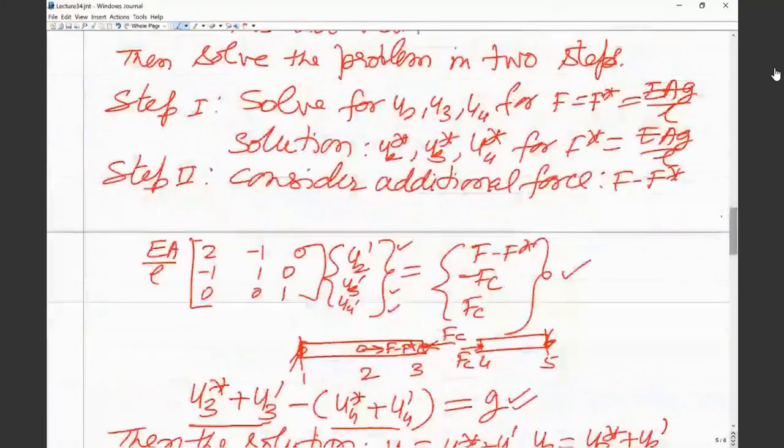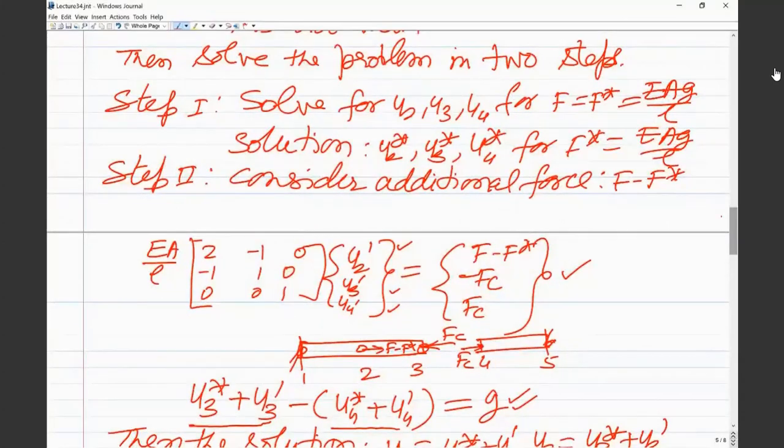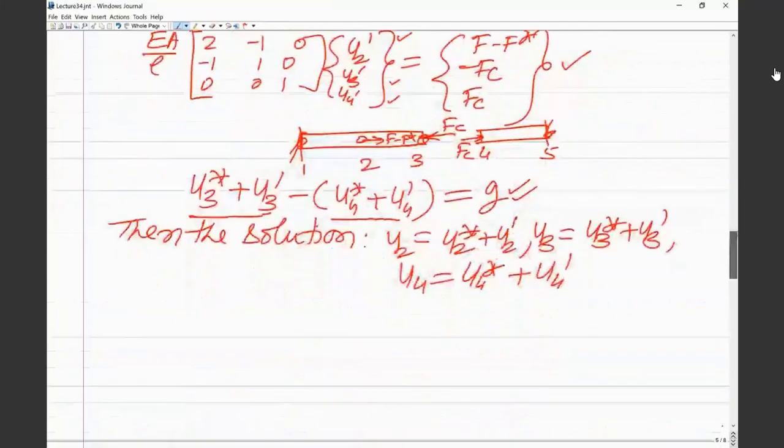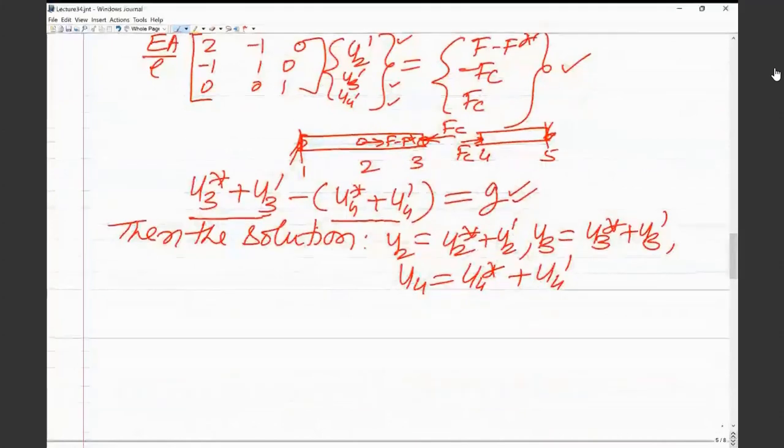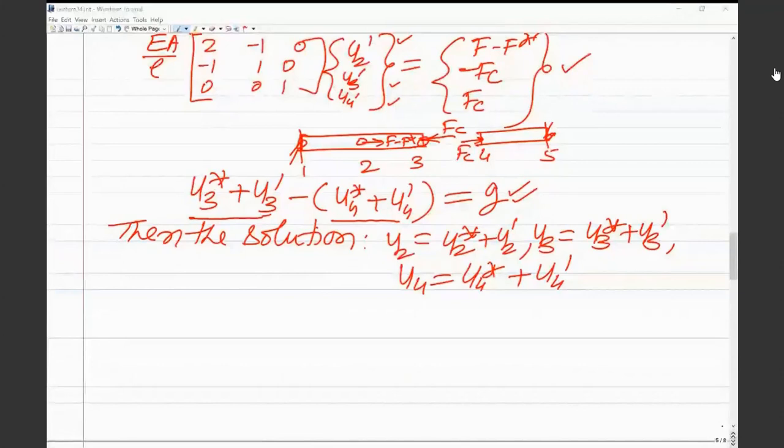No, because there we are just saying the gap is just closing, so the contact force is 0. When the gap is just closing, the contact force is going to be 0. But when F is more than F star, then contact force would develop. Then here F is greater than F star. Yes, F is greater than F star.